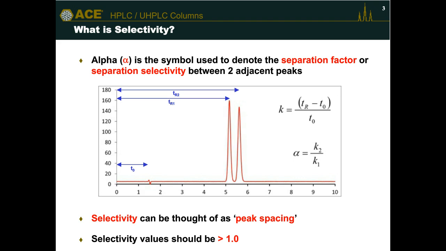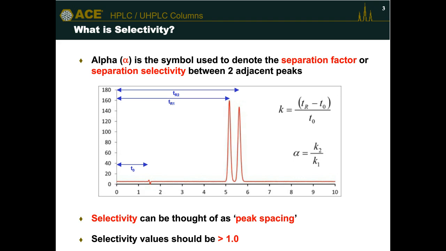Essentially, you can see from the slide, and this is the classic description of selectivity from textbooks and from Google and various other resources, that selectivity, or alpha, is the ratio of retention factors for two adjacent compounds.